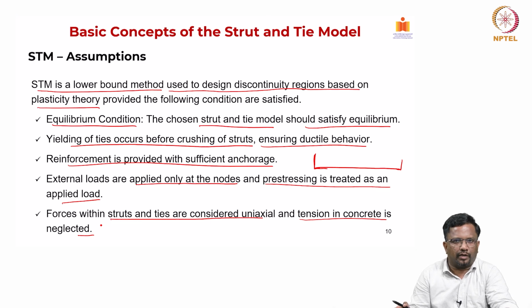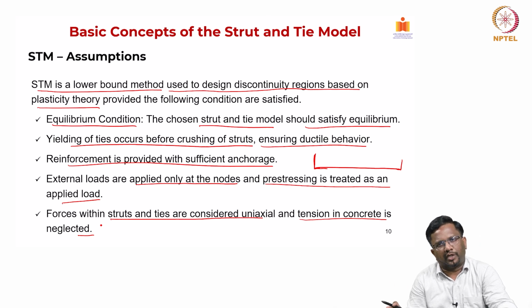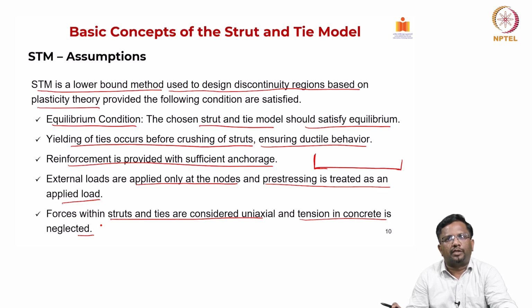is neglected. Of course, if you are using fiber reinforced concrete with a lot of fibers, then your assumptions have to be slightly modified, and the efficiency factors for the strut and the ties will also improve significantly, which we need to be careful about.